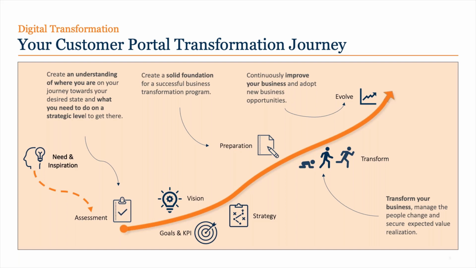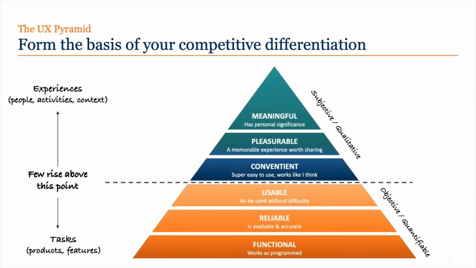Fredrik, are you able to help me illustrate this, where the focus shall be? Yes, of course, Dan. We can look at it from this angle. This is a UX pyramid, and it's used for categorizing the user experience efforts that we do and how we can track their progress. Many companies today are able to deliver solutions that will solve specific customer needs.